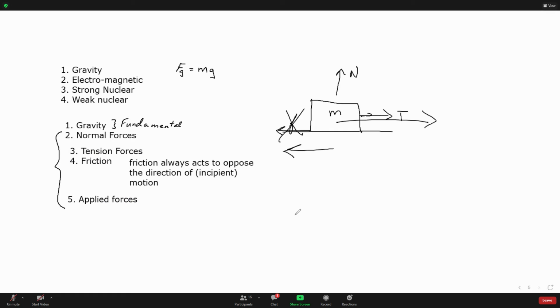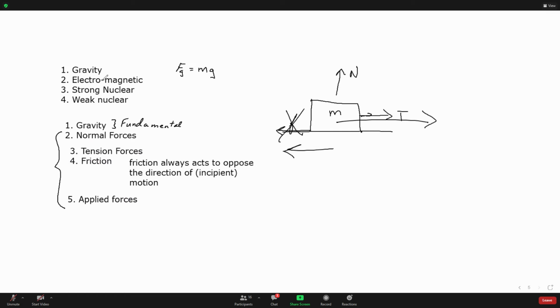Now I want to make a comment here about forces. In Newtonian dynamics, we determine the motion of the bodies due to the forces on them. But Newton's laws are true no matter what the nature of the force.